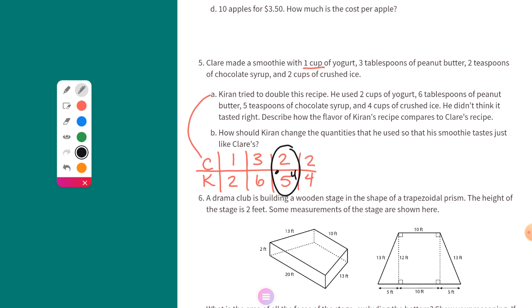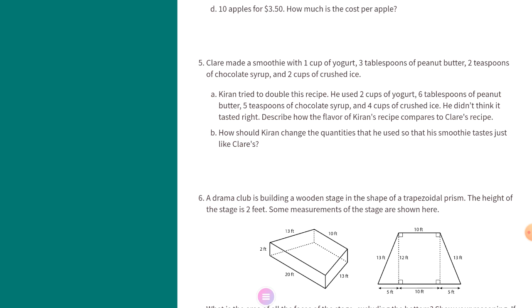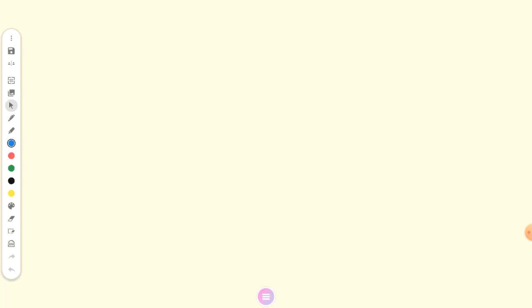Okay, get out a piece of paper. Loosely, if you can put your book away. If you have a calculator, get it out. If you do not have one in your pencil pouch, come grab one out of my little bin up here.